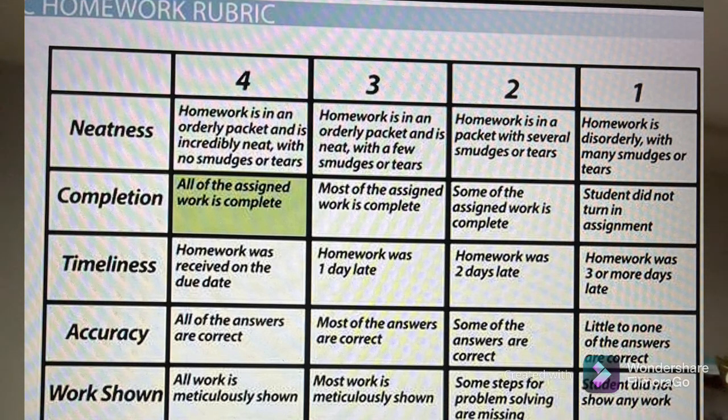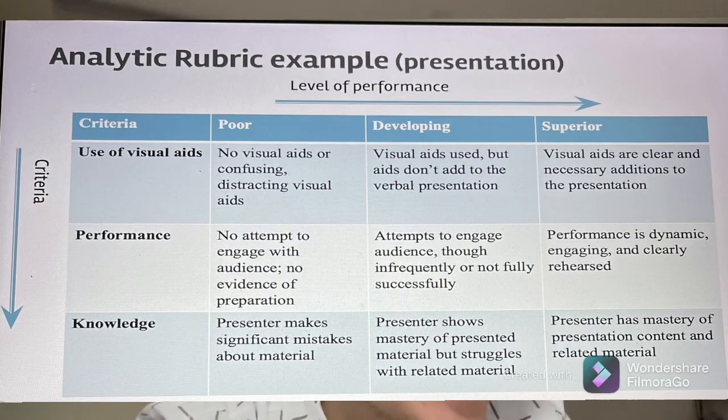Okay, so let's have an example of an analytic rubric. Say you are asking your students to do a presentation, and in this example there are 3 major criteria: the use of visual aids, the performance, and the knowledge.